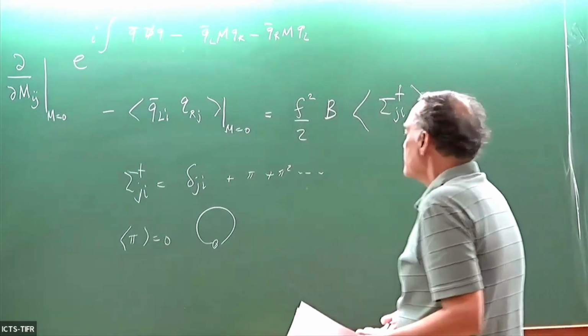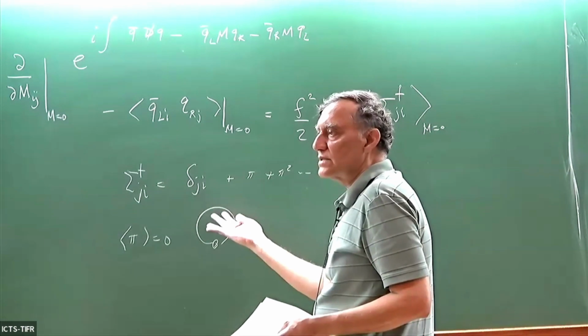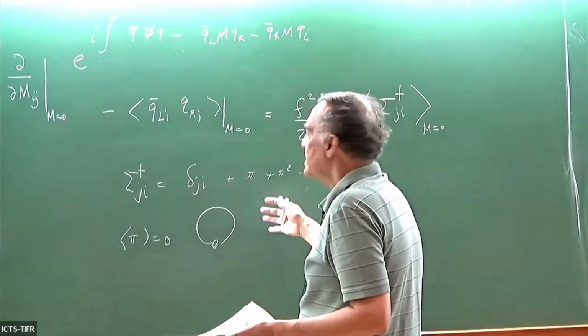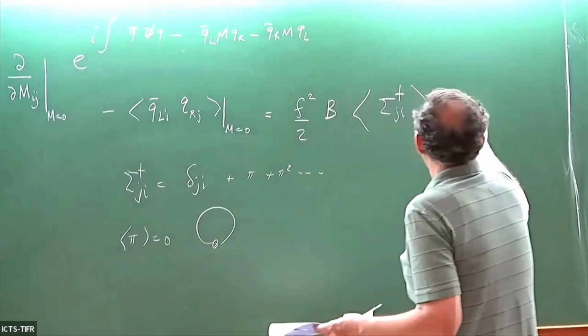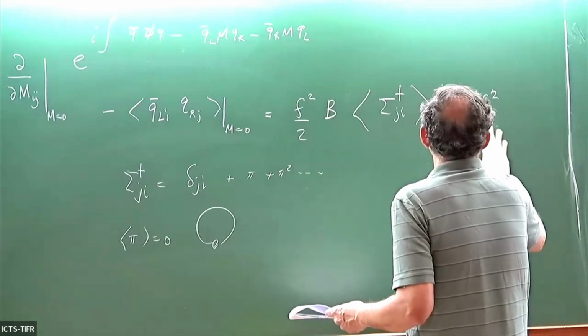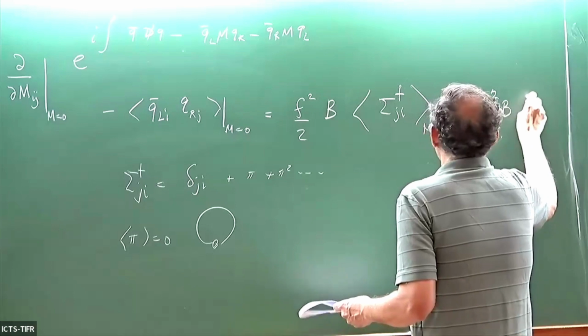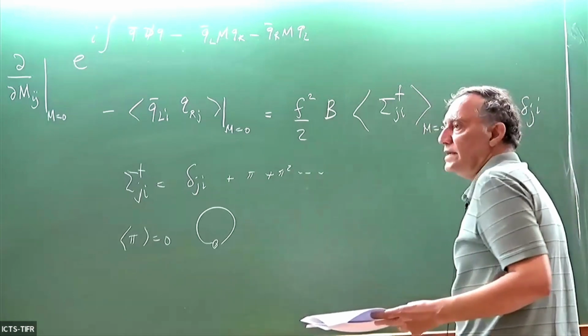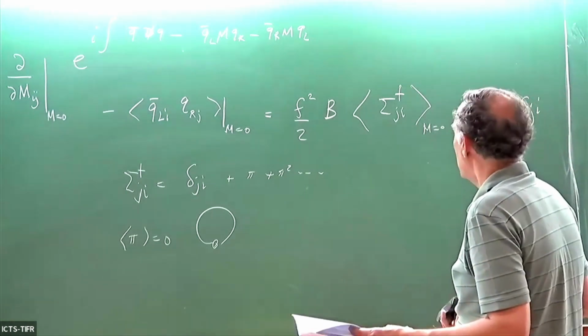But if the pion's massless, this thing gives you a scaleless integral, and it's 0, etc. So this just becomes f squared over 2B delta ji. Okay, is this clear?